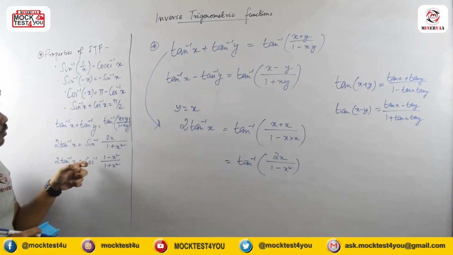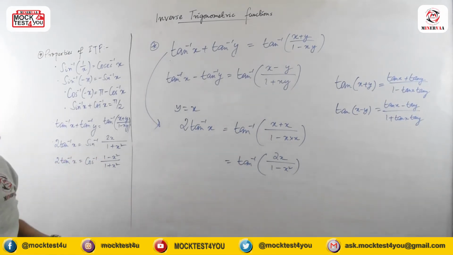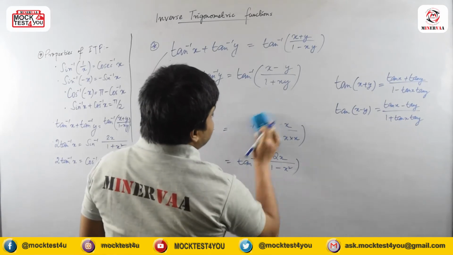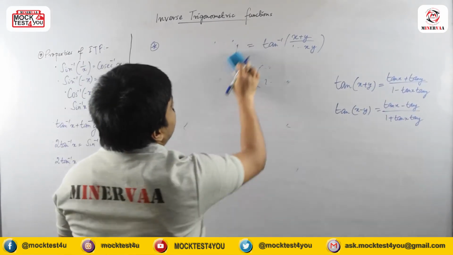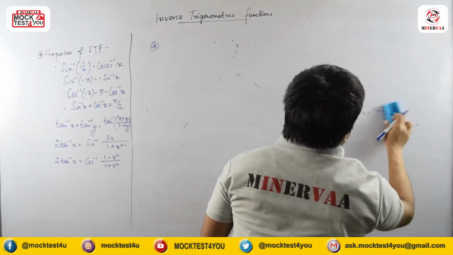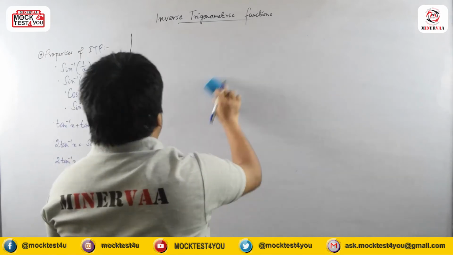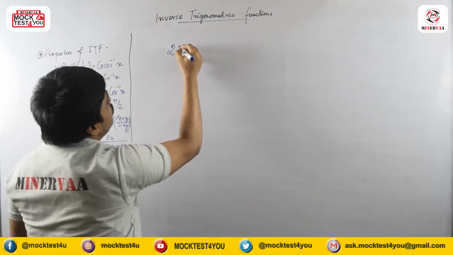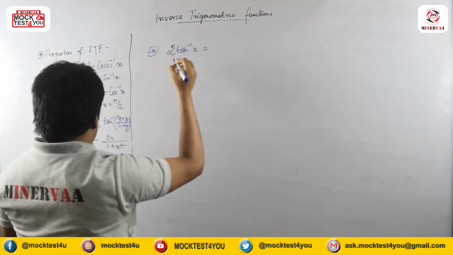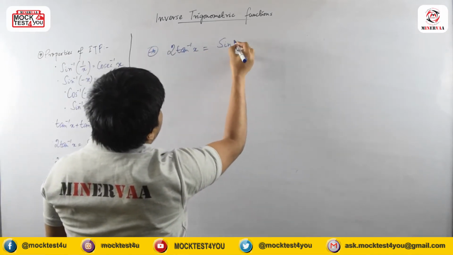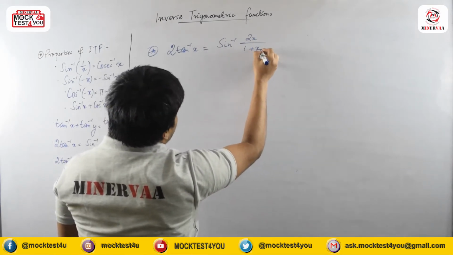Now let's move on to another two different formulas, the last two formulas we have. 2 tan inverse x is equal to sine inverse of 2x divided by (1 plus x squared).